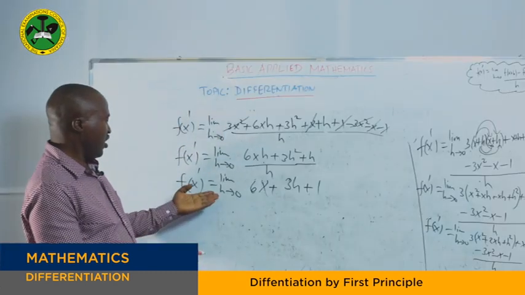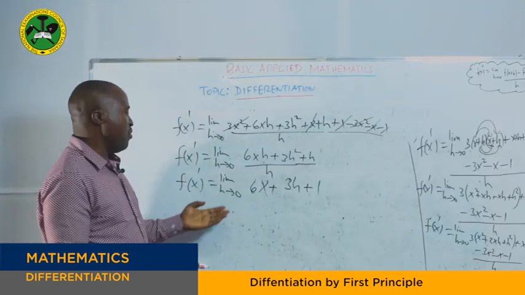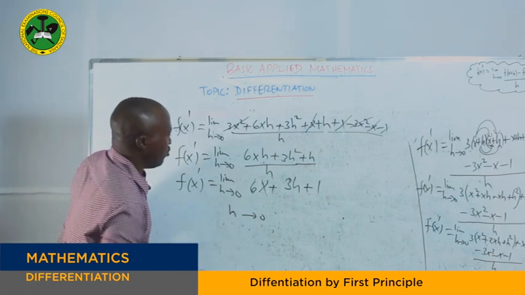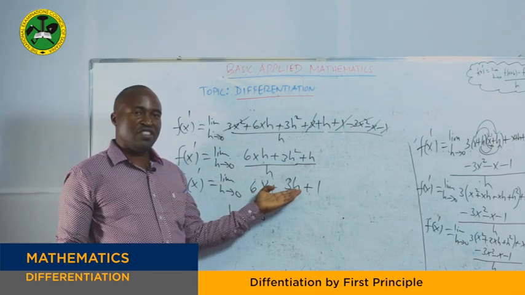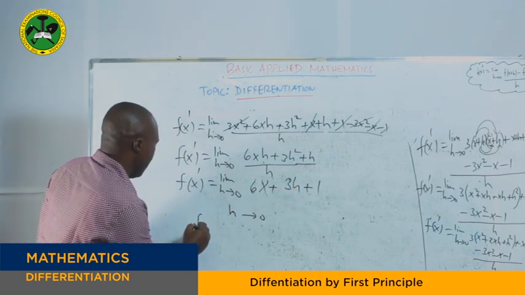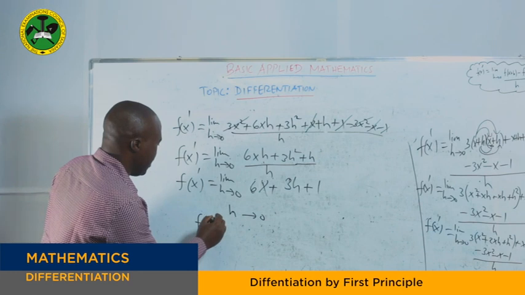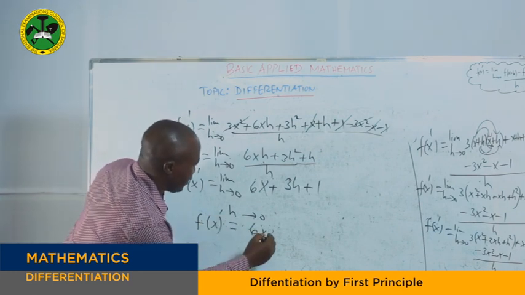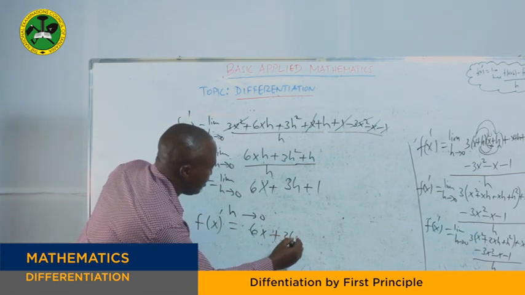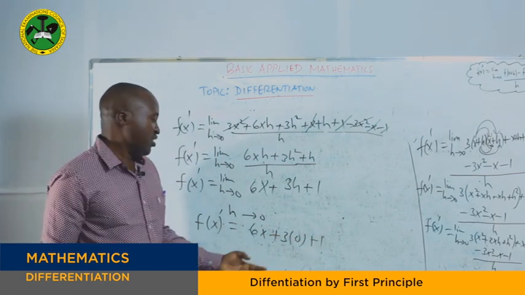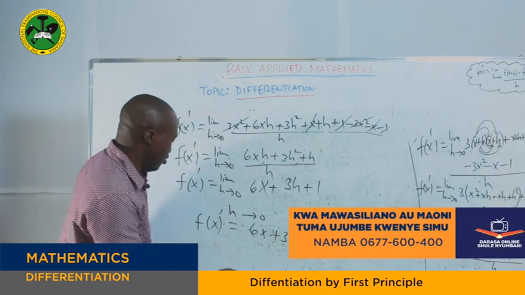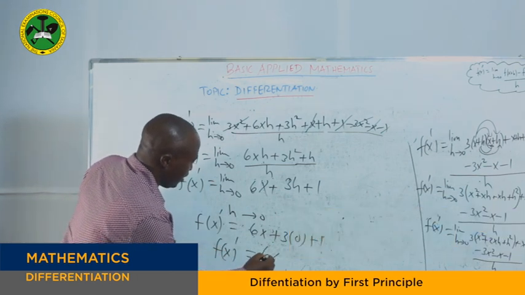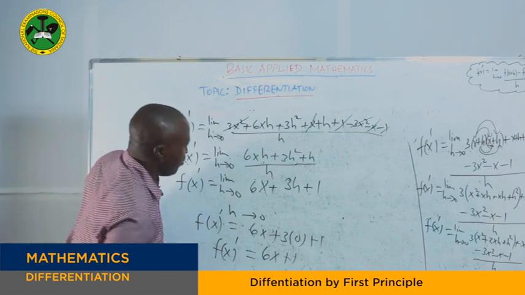Then by first principle, as h approaches 0, that means you put 0 here, so f'(x) is equal to 6x plus 3 times 0 plus 1, 3 times 0 is 0, so f'(x) will be equal to 6x plus 1.